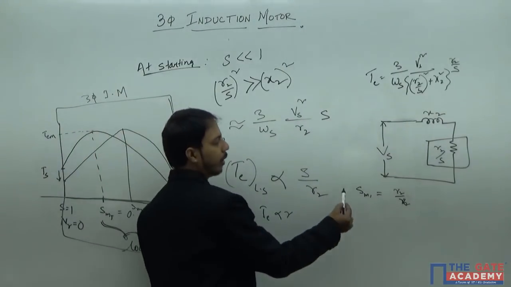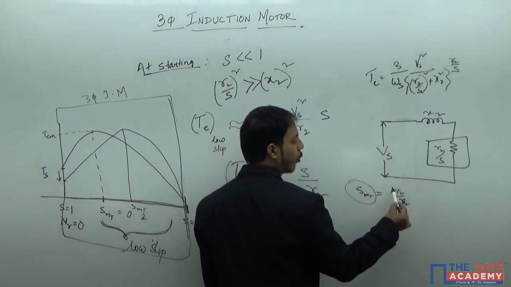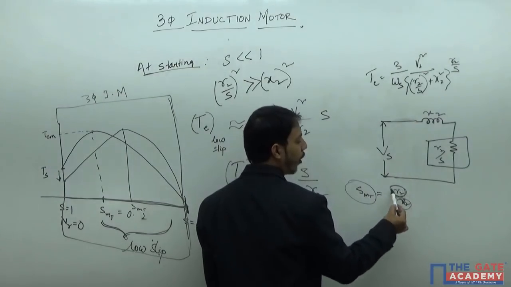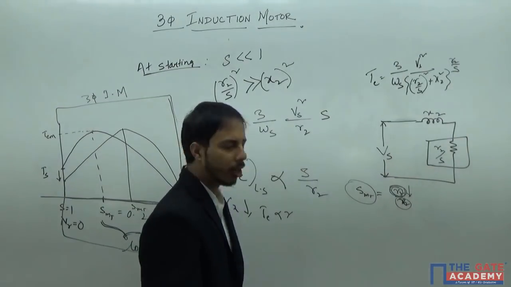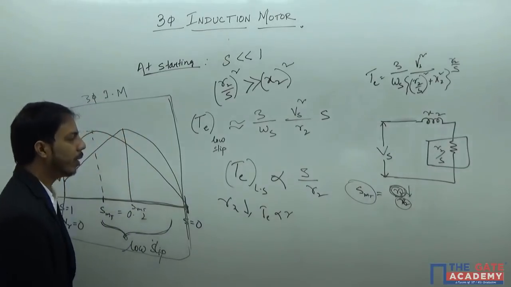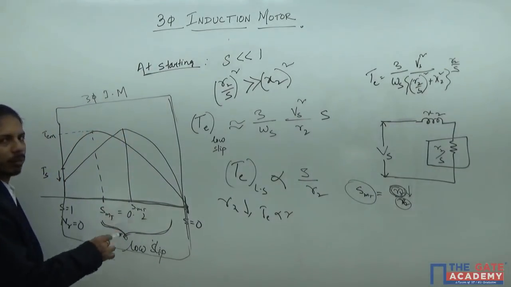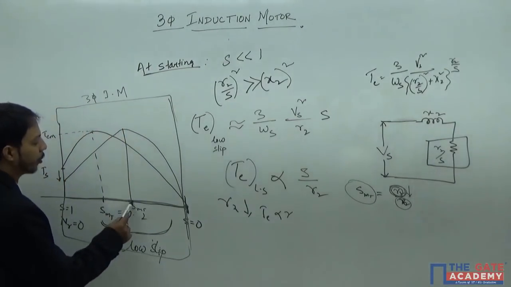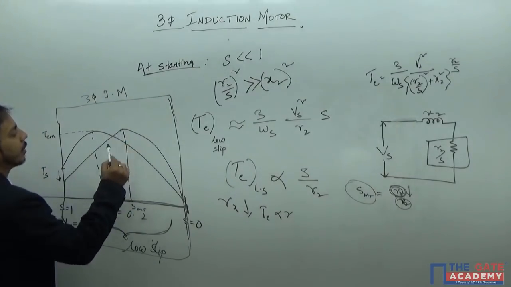Also the slip at which maximum torque will occur will reduce. Why? Because SMT is equal to R2 by X2. So if R2 is reduced, the slip at which the maximum torque occurs will reduce. But you see, the value will remain the same. Why?